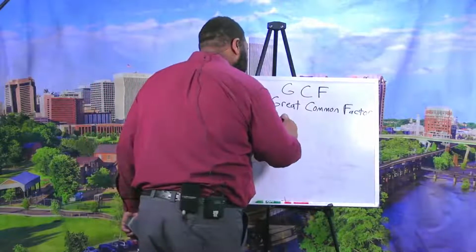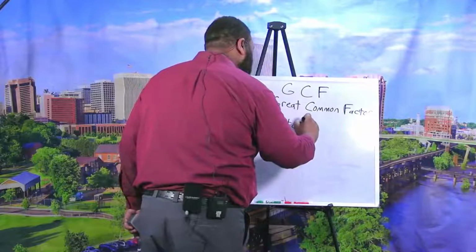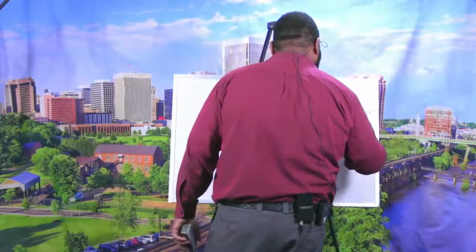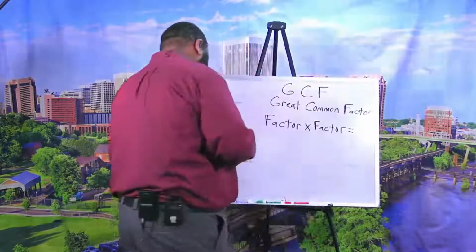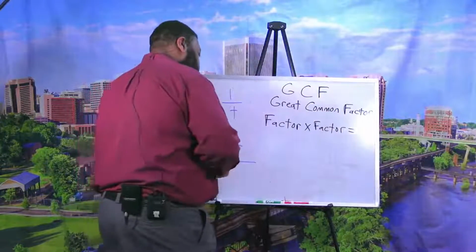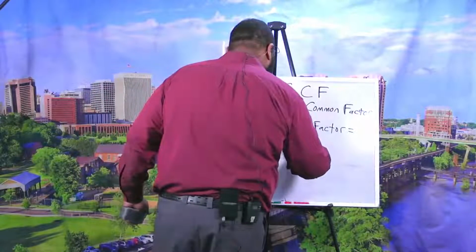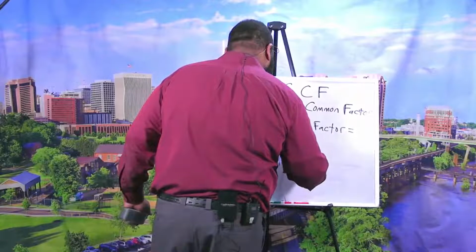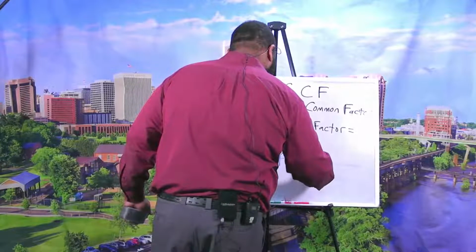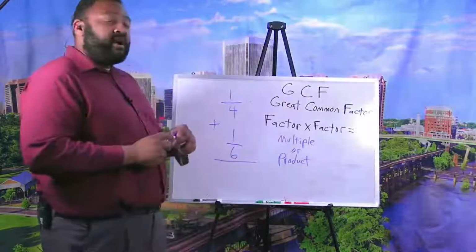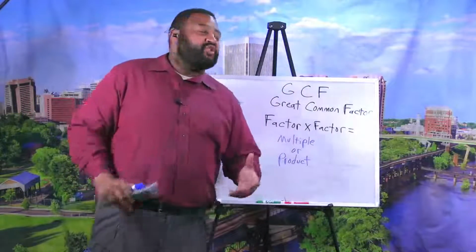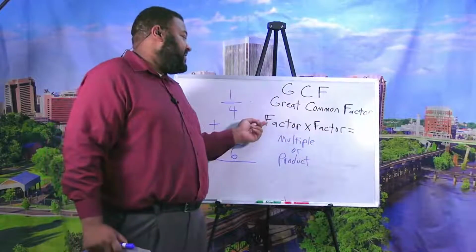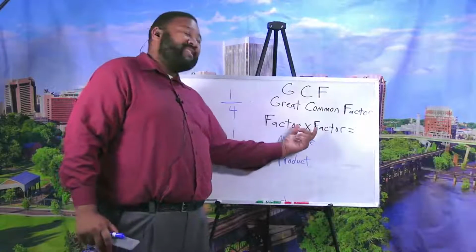Factor, F-A-C-T-O-R, times a factor equals a multiple, M-U-L-T-I-P-L-E, or product. The multiple or product is the answer to a multiplication problem. A factor and a factor is what is multiplied.